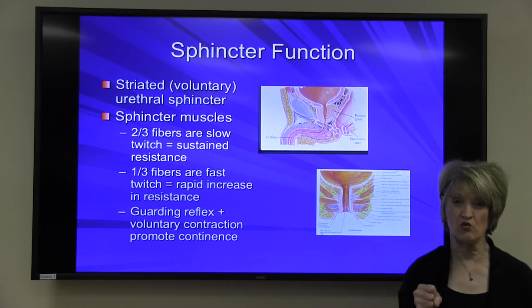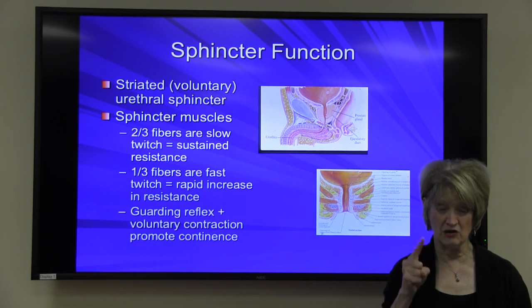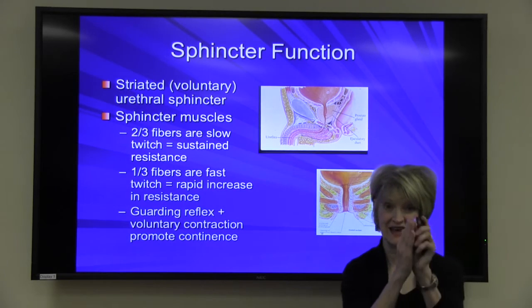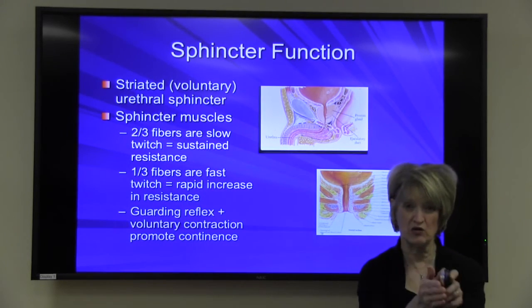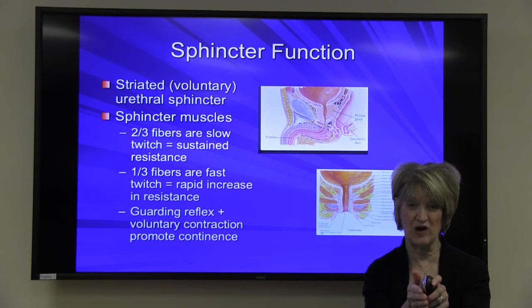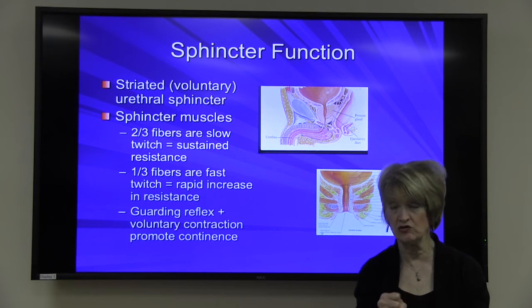They give you a rapid, marked increase in contractility and in urethral closure. So you think of your slow twitch as your steady state, maintaining closure when you're walking around doing things. You think of your fast twitch as the rapid response guys. They rush in and increase urethral closure pressure when you most need it. So 2/3, 1/3.